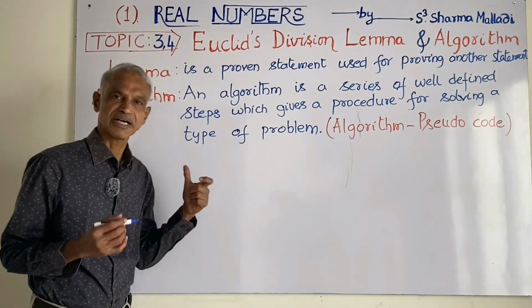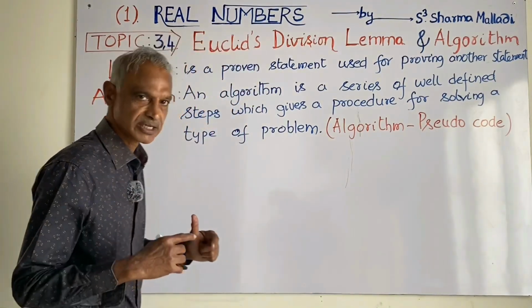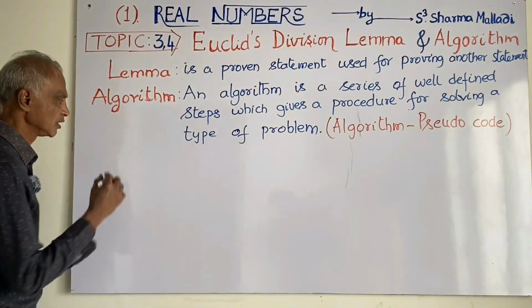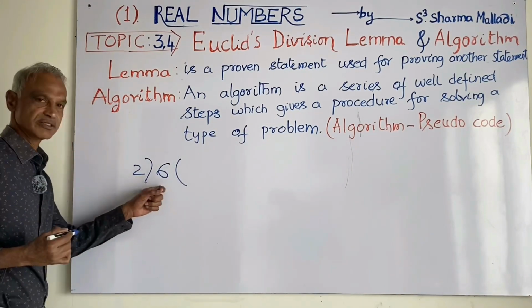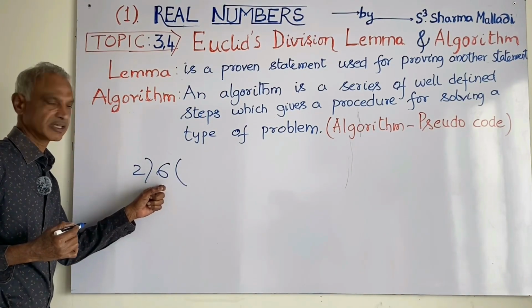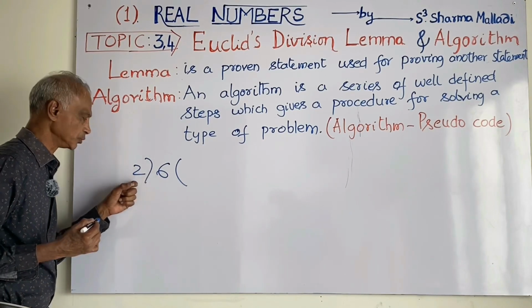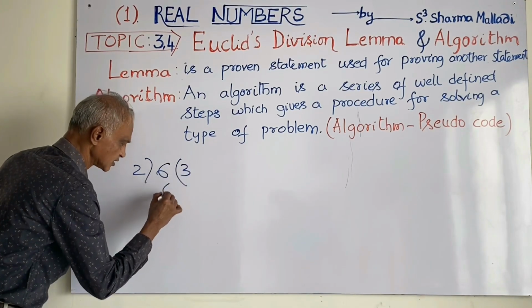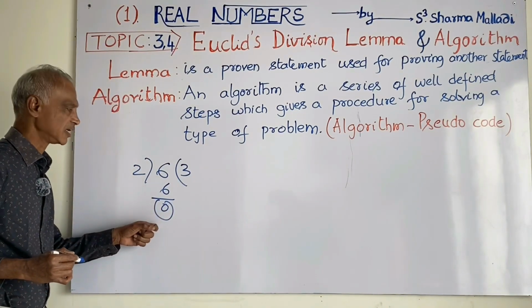Before going to understand Euclid's division lemma and algorithm, you should understand some basic concepts. I am dividing 6 by 2. 6 is the dividend. 2 is the divisor. 2 threes are 6. What is the remainder you got? 0. 0 is the remainder.